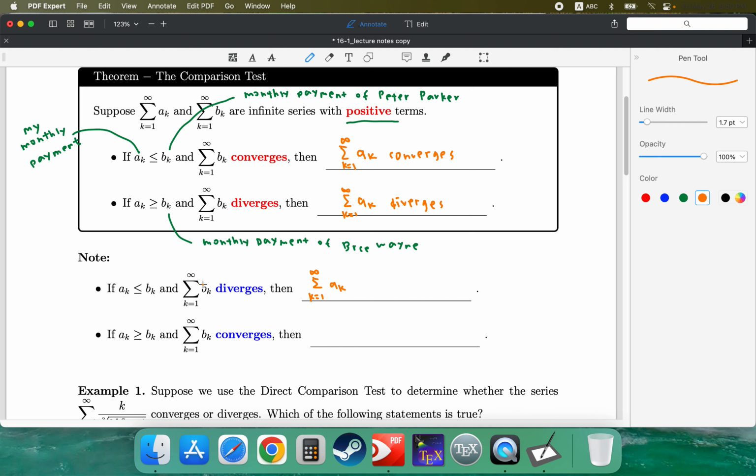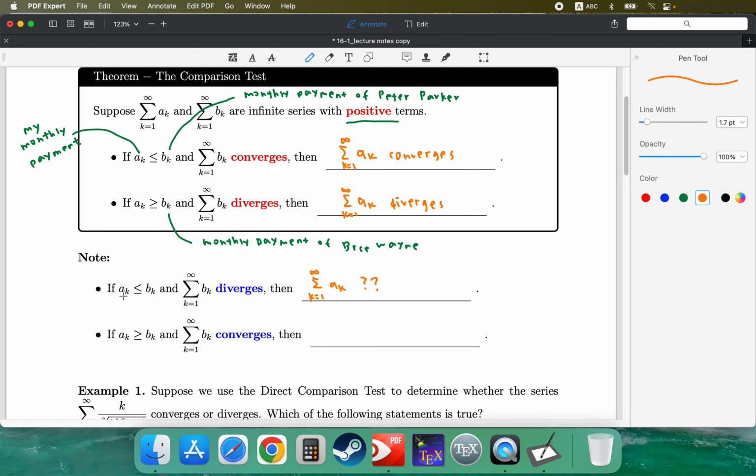So he has a lot of money. So that's why here this is Bruce Wayne. So if I earn less than Bruce Wayne, and Bruce Wayne is rich, what can you tell me about me? Well, I can be rich, right? Just not that rich. Or I can be poor, right? So we really don't know what's going on right here.